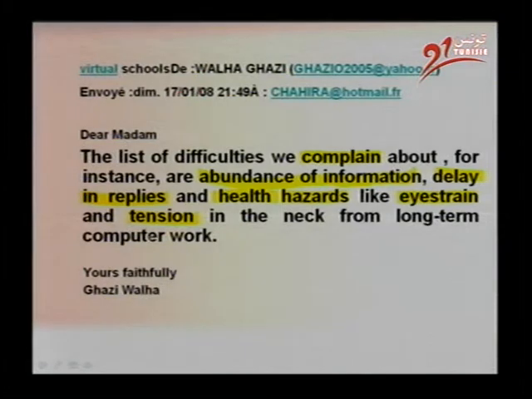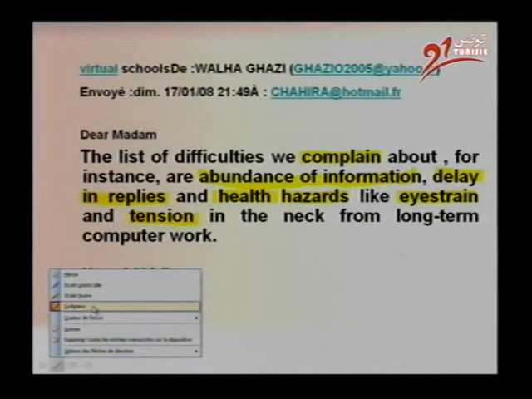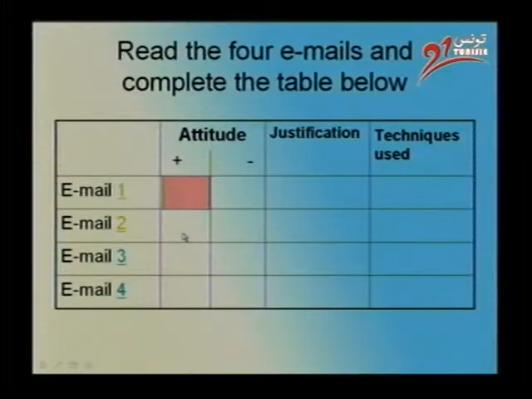Right. Now, from the previous page and from the previous email and this email, we can deduce that there are different attitudes, and in the second email we have a negative attitude.